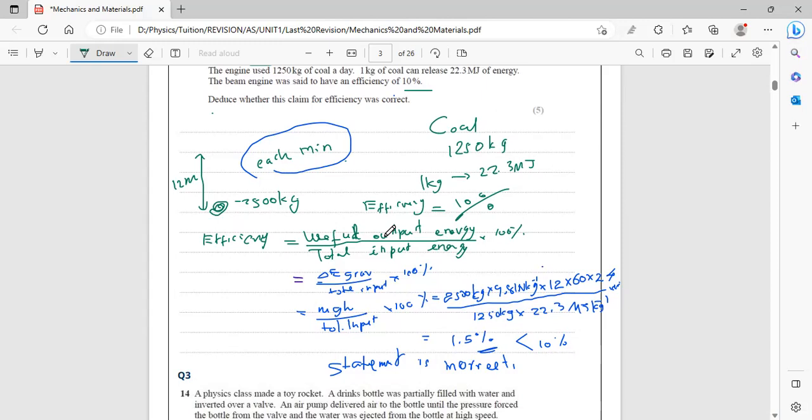So when you lift it, gravitational potential energy is given to the water, right? So that is the useful energy. So the useful energy would be the gravitational potential energy gained by water.